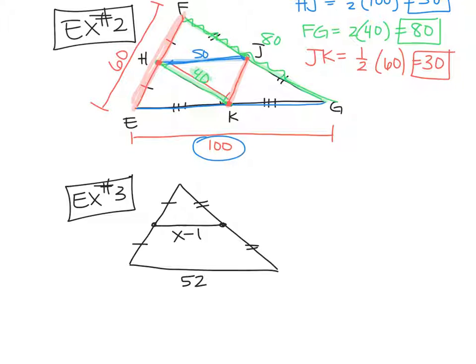What do you do? So you have x minus 1 for the midsegment, right? You have 52 for the side across from it. How can you figure out what x is? How can you solve for x? What do you have to do with your expression or with the other side? What can you do to figure that out?